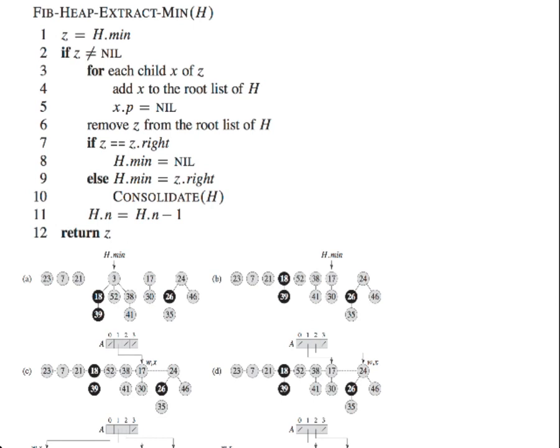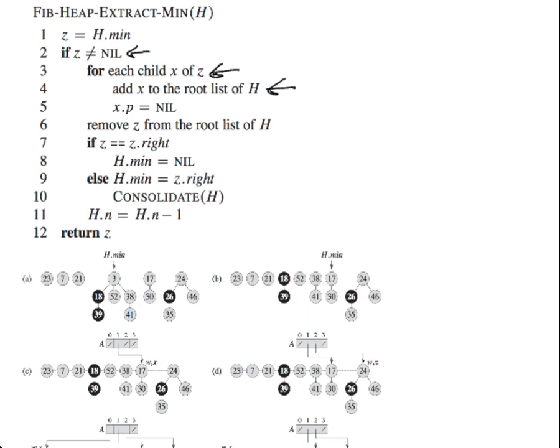Okay, so what are we going to do to extract a node? This is assuming that we have a heap, that we have something in the heap, and we're going to pull up each child of the min node and add it to the root list.